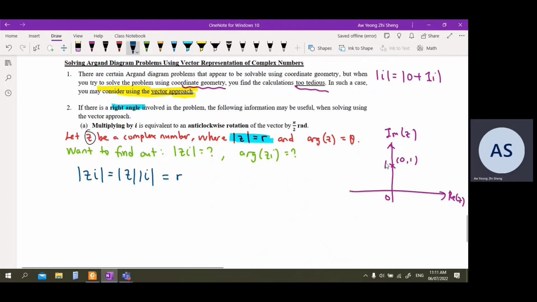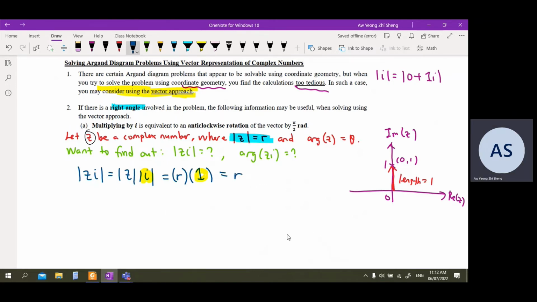So its modulus will be the length of the vector that connects the origin to the point (0, 1), which obviously is just 1 unit. Therefore, modulus z times modulus i is just r times 1, because modulus i is exactly 1. And that means r times 1 is r.